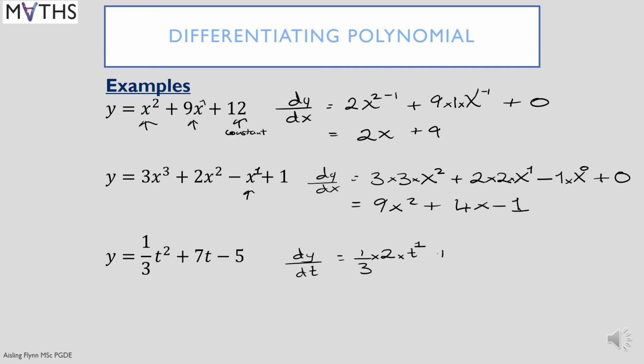Plus, and then we have 7 times 1 times t to the power of 0, and then minus, for the 5 we get a derivative of 0. So what do we get for a finish? We get 2 over 3 times t plus 7. Remember that anything to the power of 0 is 1.